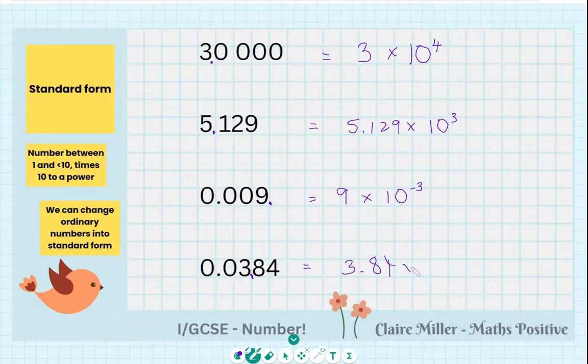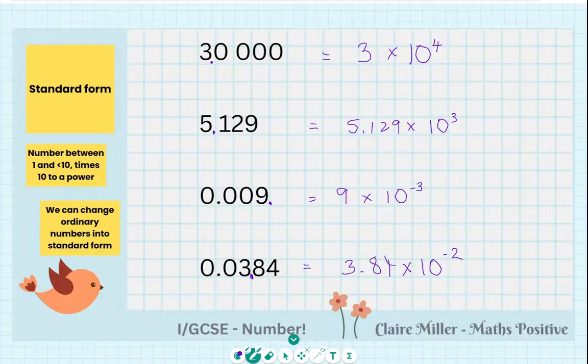This started off as a small number, so we're going to have to divide, times 10 to the minus something. Ooh, I'm seeing some really, really good ideas here for answers too. Excellent. We need to divide twice to get back to where we started. So 3.84 times 10 to the power of minus 2. Hey, well done. Really good answers there in the comments.